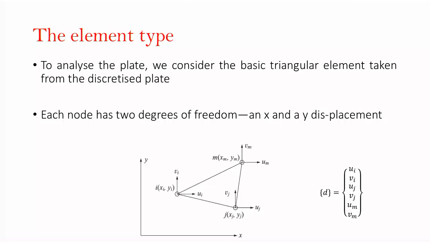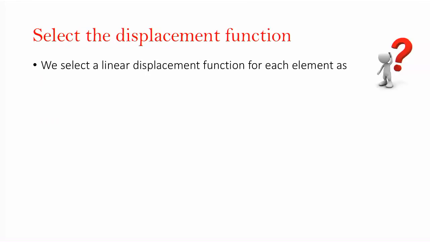Now, besides having Ui, Uj, Um, which are the x displacements for each node, we also have y displacements for these three nodes, Vi, Vj, Vm. This is the way we show the nodal displacement matrix. After choosing the element type, the next step is deriving the displacement function.